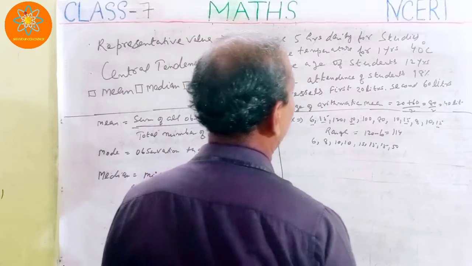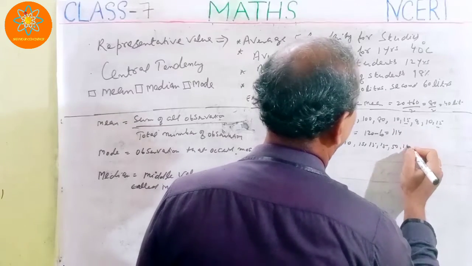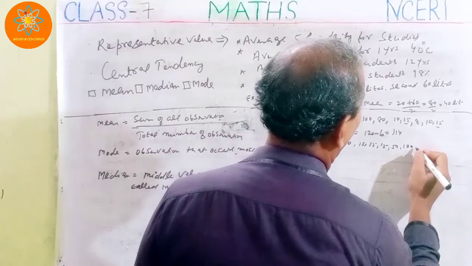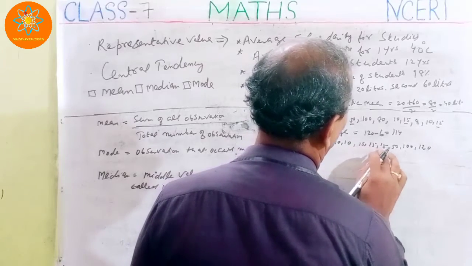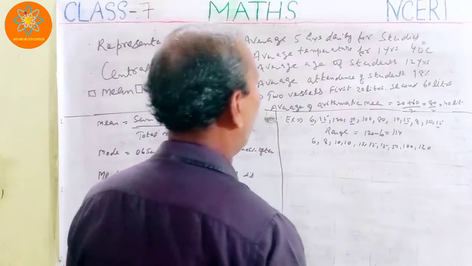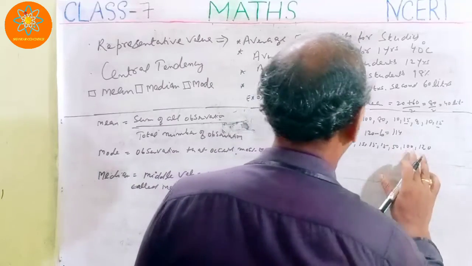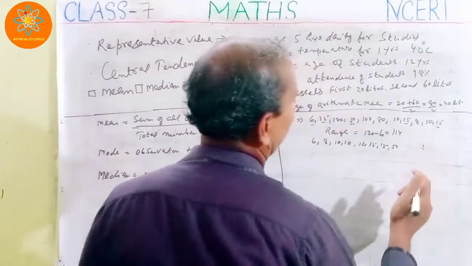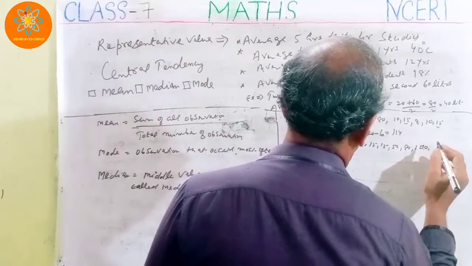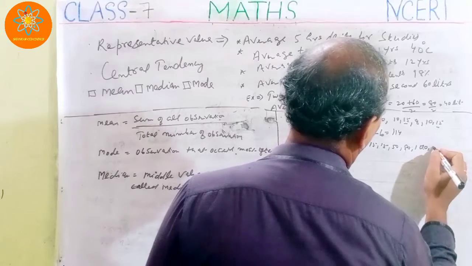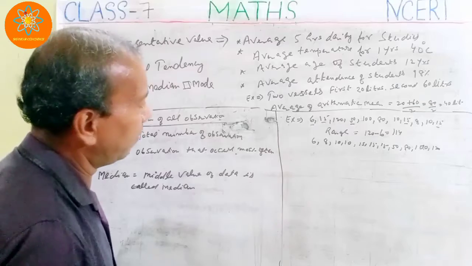Then 80, then 100, and after 100, we have 120. So I have arranged this data.